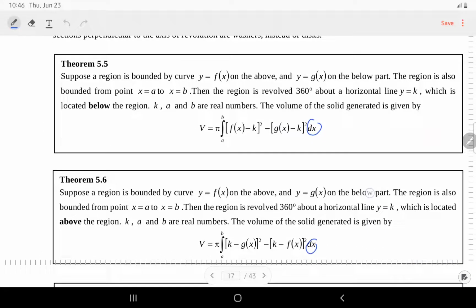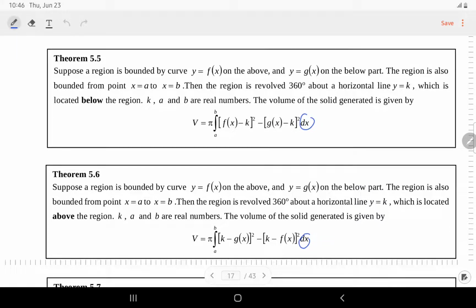Okay, kita tengok antara theorem 5.5 and 5.6. Dua-dua ni integrate by dx. Tapi apa perbezaan kat sini? You all boleh nampak kat sini, function f minus k square minus g minus k square. Tapi kat sini dia terbalik, k minus g square minus k minus f square.